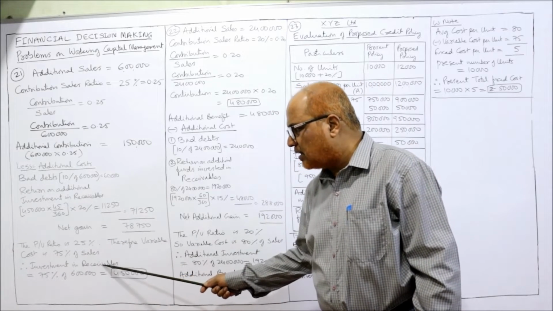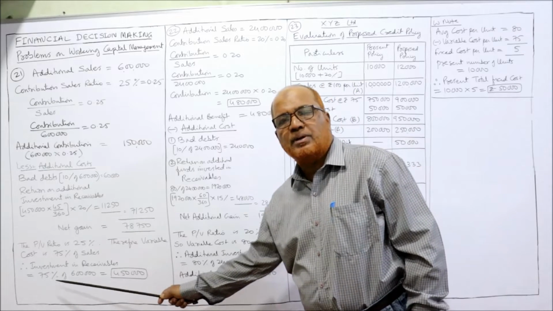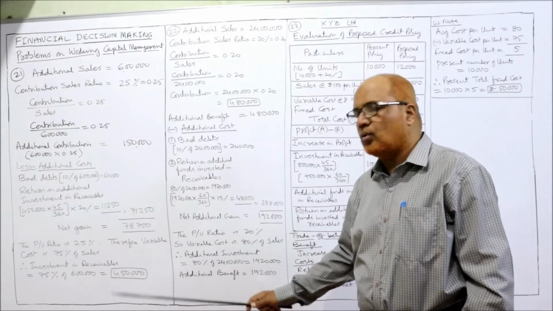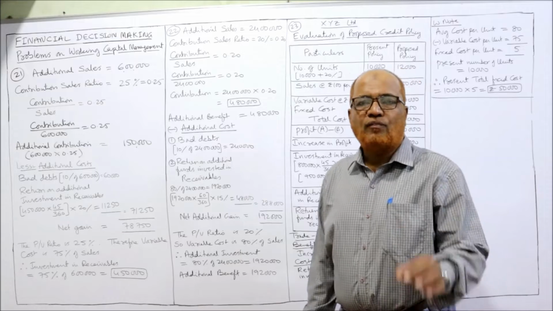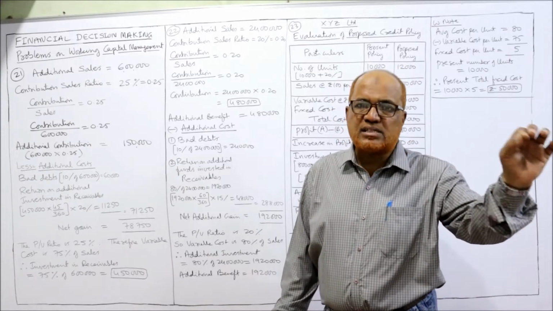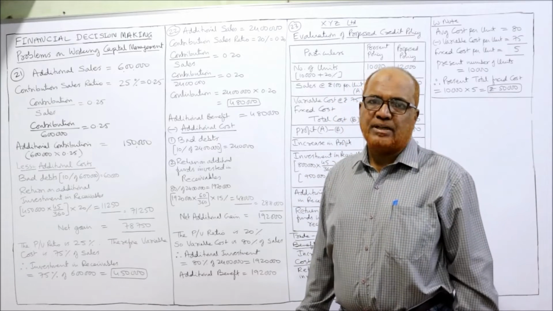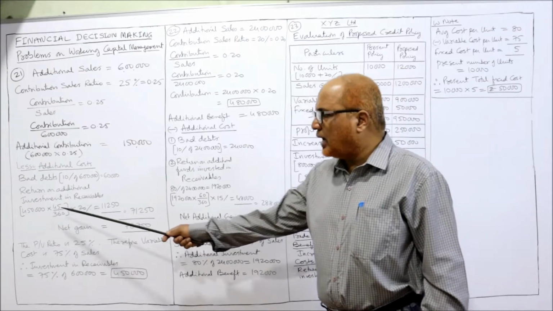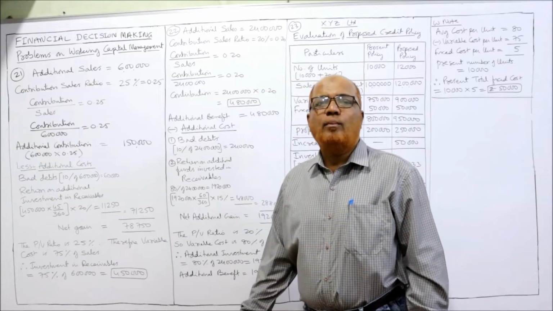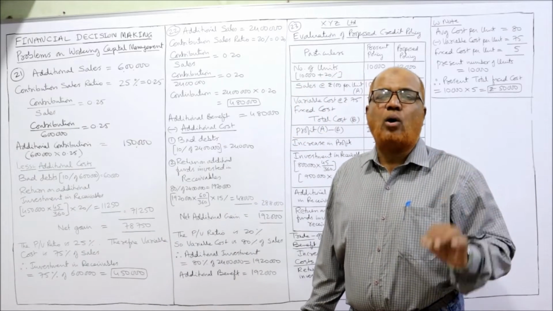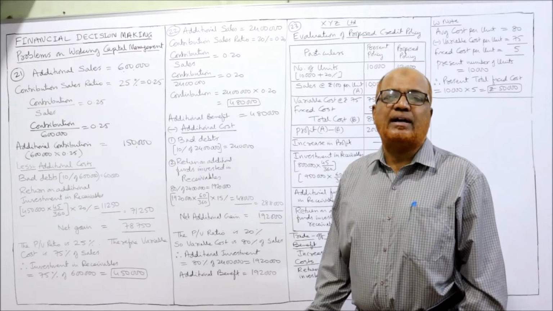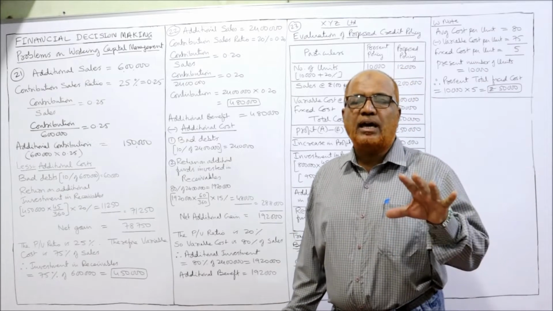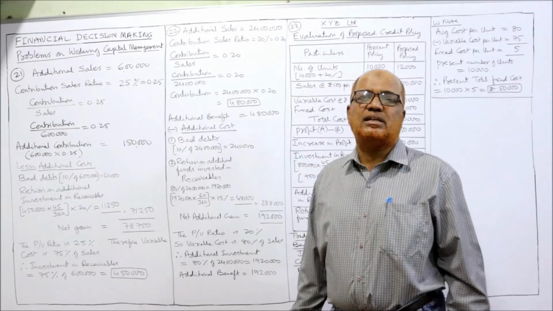So investment in receivables is 75% of 6 lakh. It comes to 4,50,000. So 4,50,000 is the investment made. Into how much is the credit period allowed for the new customers? 45 days. We assume a year to consist of 360 days.